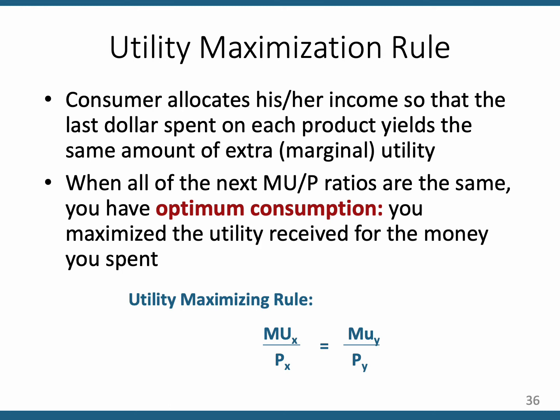That's when you've reached optimum consumption. That's when you've maximized the total utility received for the income you spent. So that equation on the bottom, if it's product X and product Y, would be the marginal utility per dollar for product X is the same as for product Y. And as we look at the example, this will again be more clear.